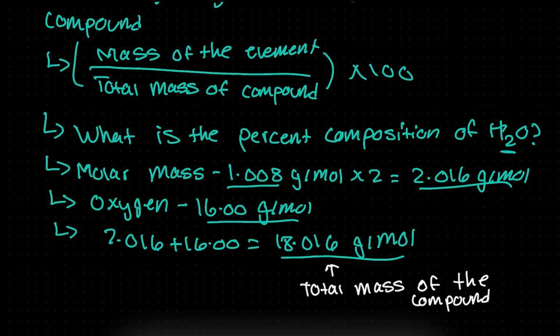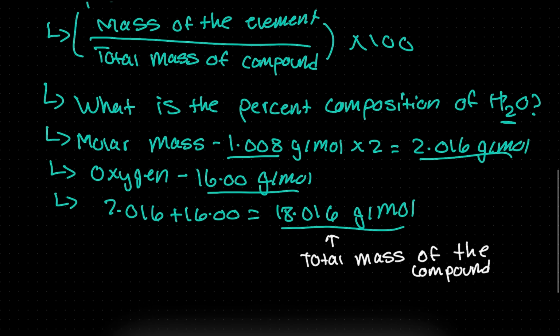So, now we can look back at our formula and we can see that we have the total mass of the compound. Now we just need to get the mass of each element, which is what we already got before. So what was hydrogens? Over here, we have hydrogens. Over here, we have oxygens.